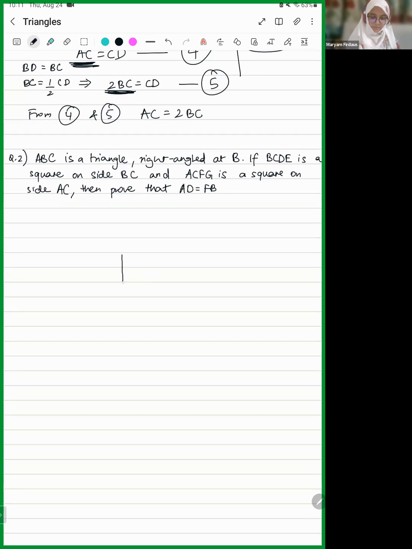ABC is a right angled triangle, right angled at B, so the right angle should be at B. Now they're saying BCDE is a square on side BC. So this is our side BC. On this we draw a square.